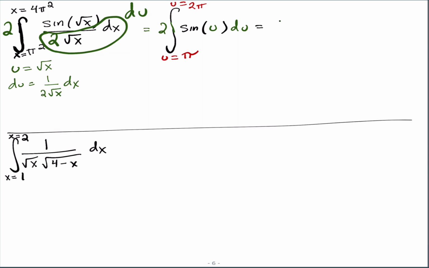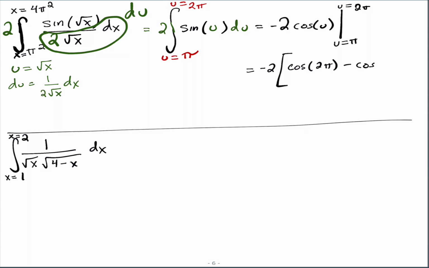So what does that equal? That's 2 times the antiderivative of sine of u. What is that? Minus cosine, right? And then this is from u equals pi to u equals 2 pi. So this is minus 2 times cosine of 2 pi minus cosine of pi, which is minus 2 times, what is that?